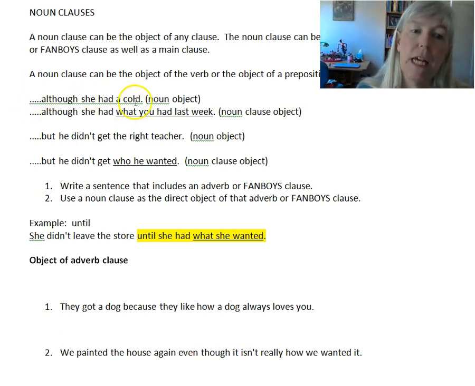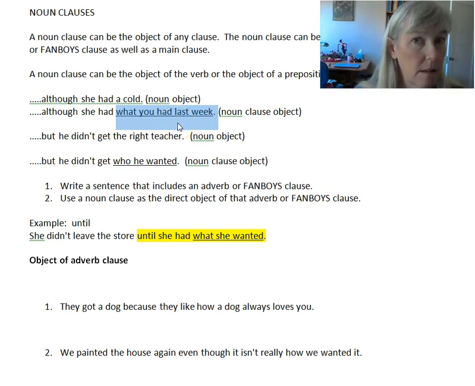So although she had a cold, she had what? She had a cold. That's an object, that's a noun. Although she had what you had last week, what you had last week is the object. Although she had what? What you had last week. It's still an object. It's still a noun.